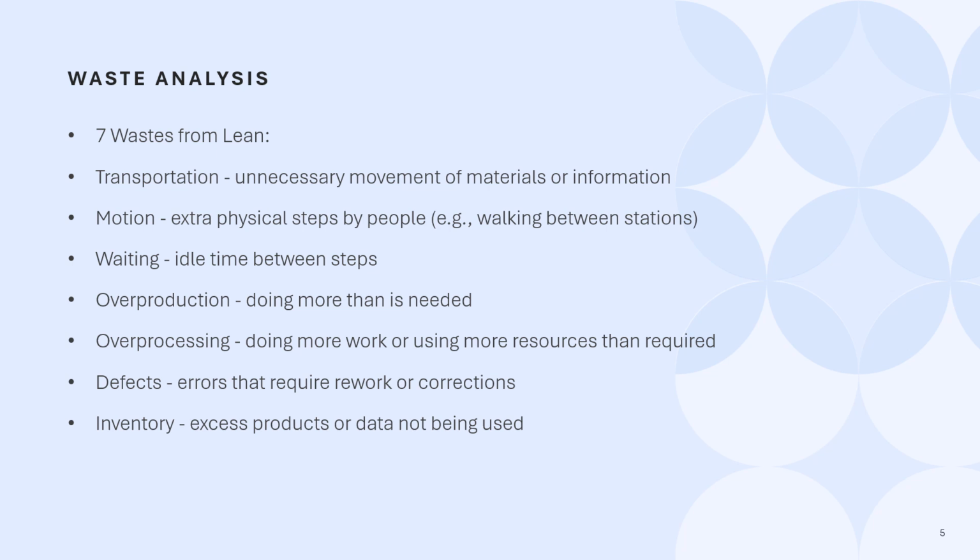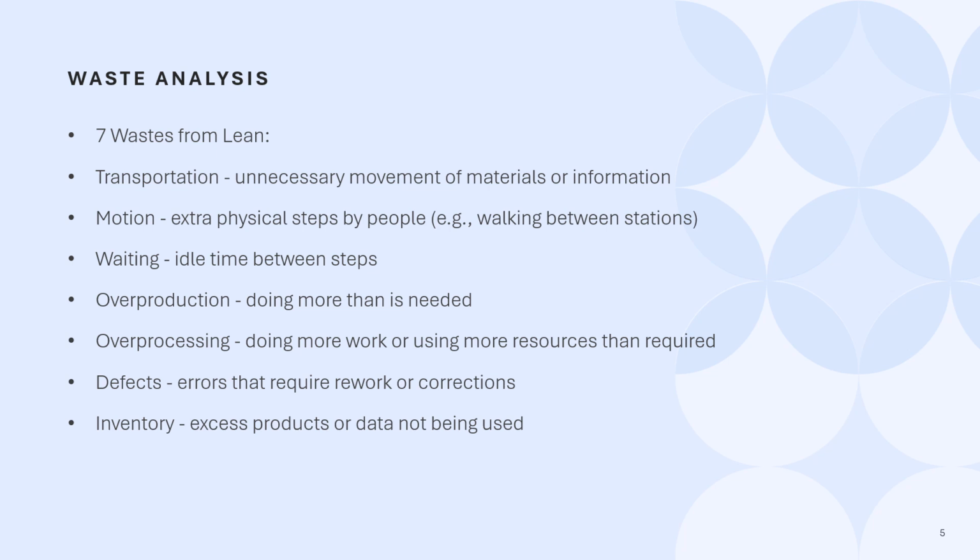So we have talked about the process, but how do we know what parts of it are actually wasteful? That's where waste analysis comes in. So let's take a closer look. These wastes are often hidden within business processes. For example, delays in document approvals, duplicated emails, or even unclear instructions can lead to motion, waiting, and rework.